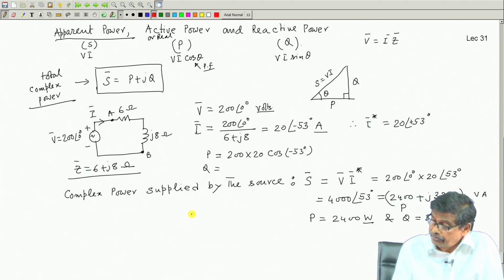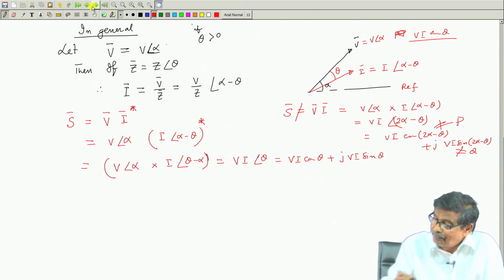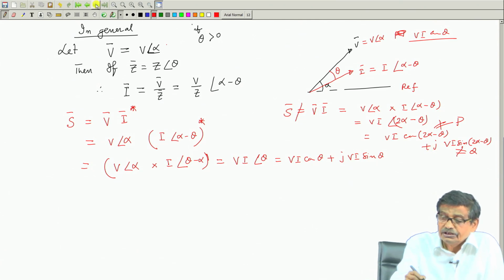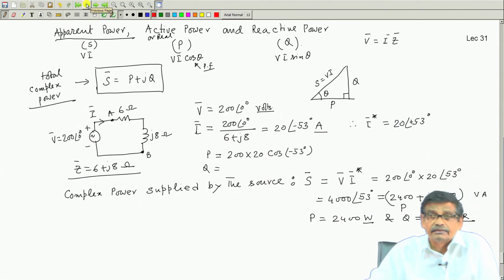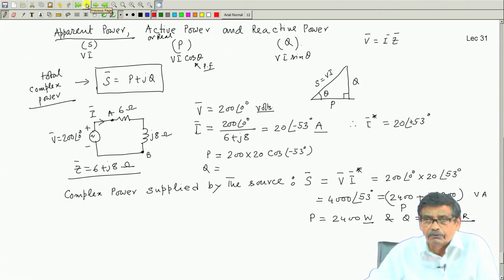So, coming back to this circuit, this is exactly what I did, V I star. If the reference phasor is alpha equal to 0, one can do that and get the same thing, but better not to, because there may be situations when the supply voltage has a general angle. So, this is how P and Q can be calculated.